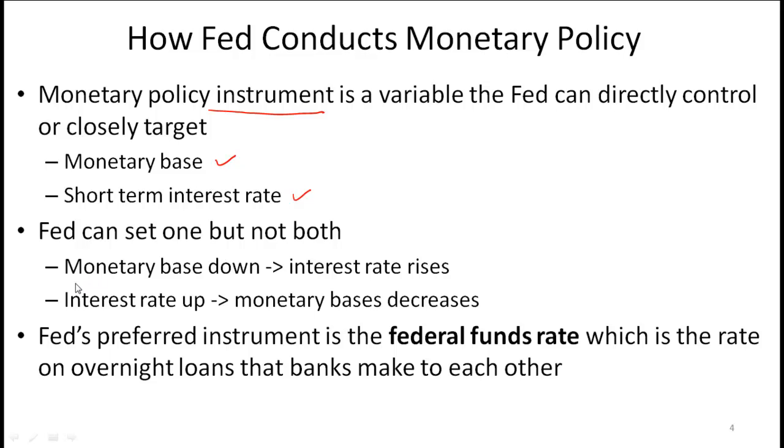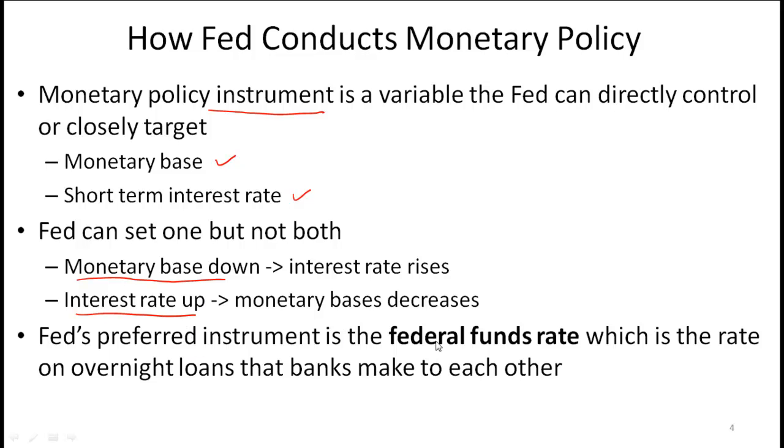If the Fed decides to control the monetary base, and let's say it reduces the monetary base, then interest rates will automatically rise. We'll see this illustrated on the next few slides. On the other hand, if the Fed focuses on interest rates and decides to increase interest rates, then the monetary base will automatically decrease. So the point is the Fed will control one or the other, and it cannot change both at the same time.